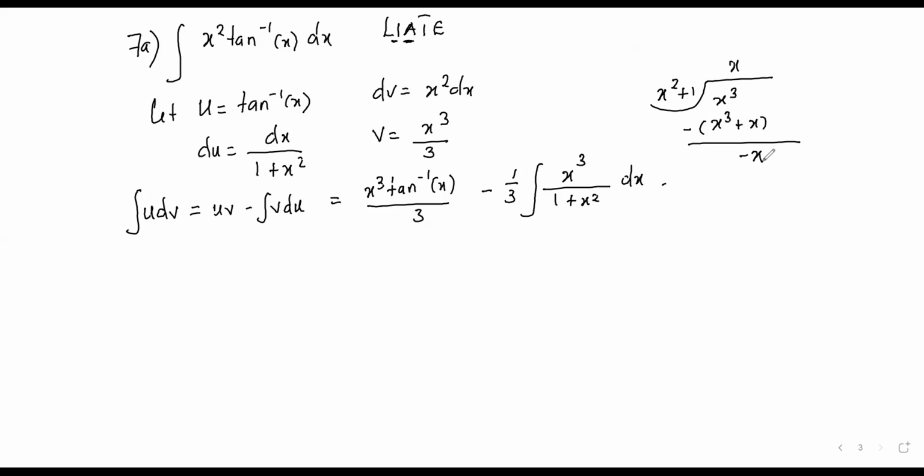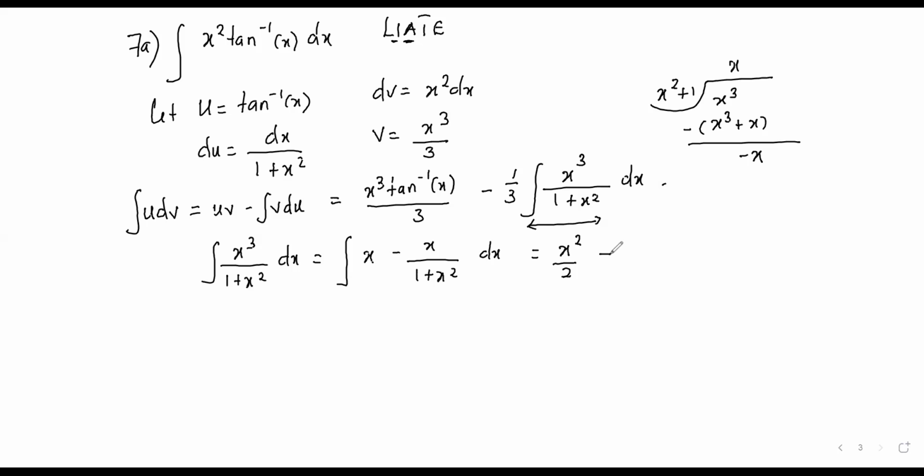So we come back and divide. We just want to integrate this part. The integral of x cubed over 1 plus x squared dx now becomes the integral of x minus x over 1 plus x squared dx. The first piece, I can easily integrate: x squared over 2.